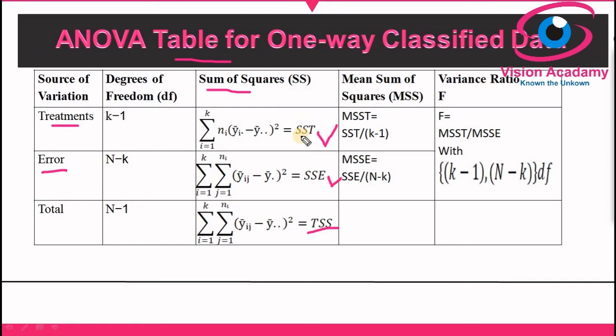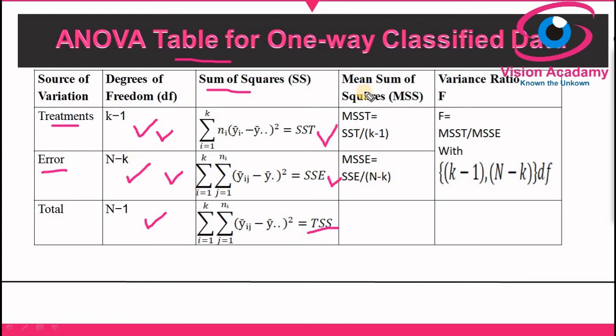One is SST, whose related degree of freedom you need to mention here, and one more is SSE, whose related degree of freedom you need to mention here. And when we add SST and SSE, we will get TSS. When we add this degree of freedom and this degree of freedom, we have to get the total degree of freedom. To know total degree of freedom, the formula is n minus 1. This must match with total degree of freedom. Then it means your problem is right.